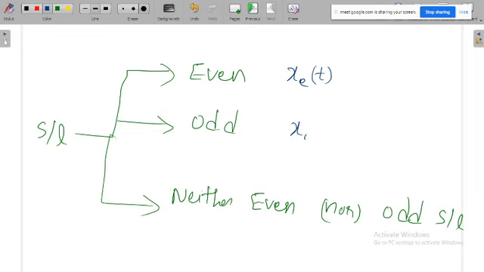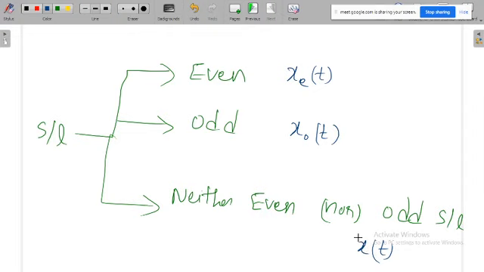If you identify that the signal is an odd signal, then we will denote it x o of t, because definitely that signal is odd. If some signal is neither even nor odd, then we will denote it as x of t. So from here onwards we will follow this convention: definitely even, x e of t; definitely odd, x o of t; and neither even nor odd, meaning an unknown signal, we will call x of t.